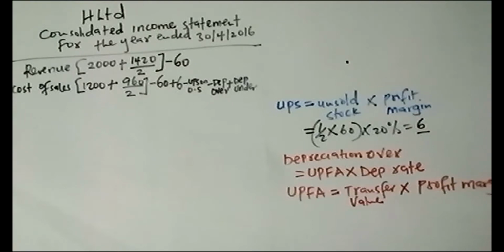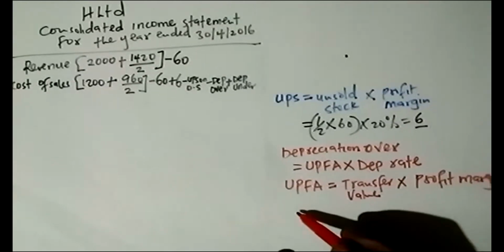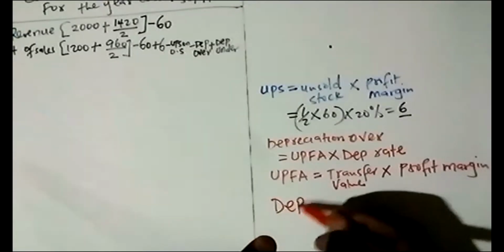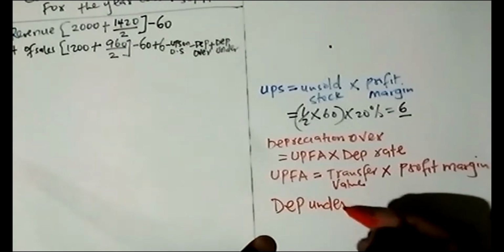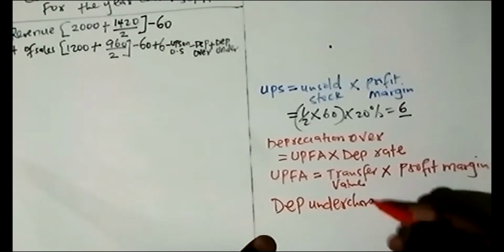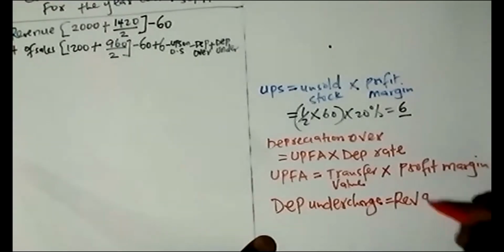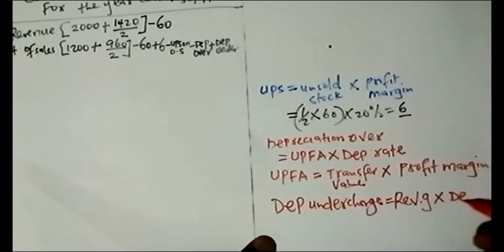Then what about depreciation undercharge? When you talk about depreciation undercharge, there must be something known as revaluation. To get this, depreciation undercharge is equal to revaluation gain times the depreciation rate.